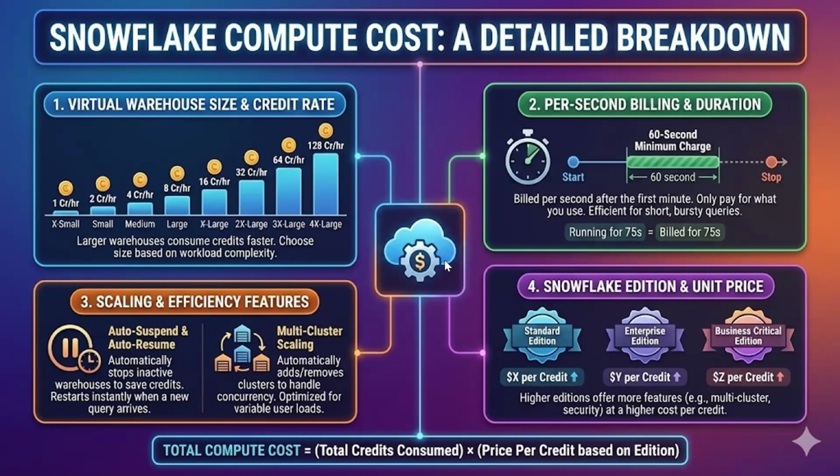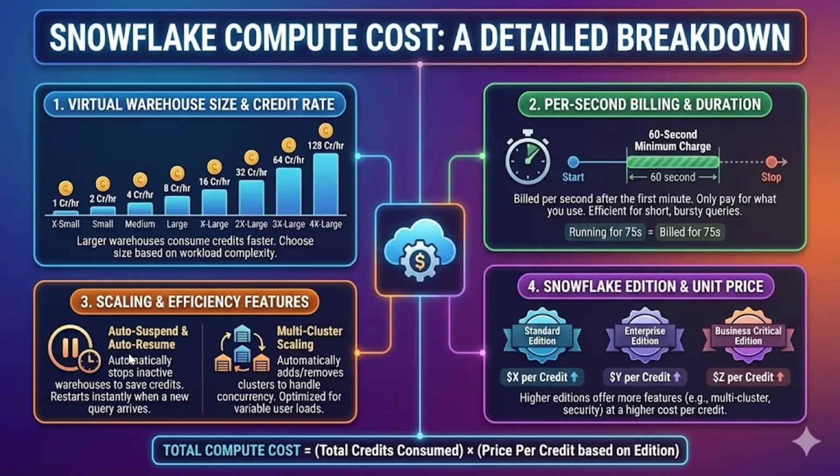And scaling, auto suspend and auto resume: Snowflake will automatically suspend or stop your warehouse when the warehouse is inactive, which means it is idle and no queries are running. And any new query will start automatically. Snowflake will start that warehouse because auto resume is enabled.